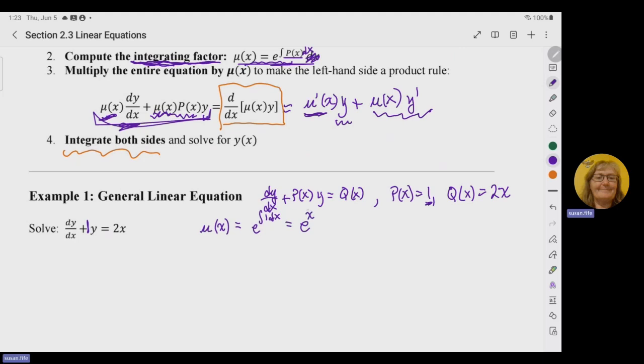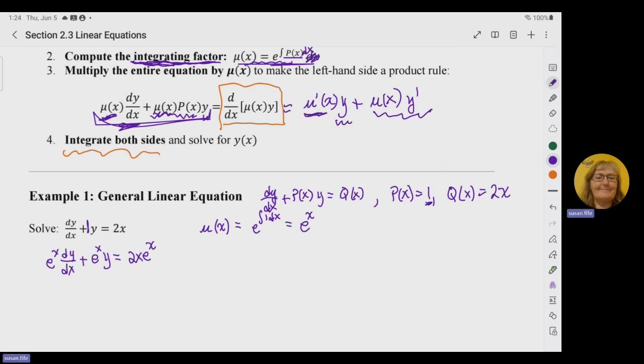And that'll give us e to the x. We're going to multiply by e to the x to get e to the x times dy over dx plus e to the x y equals 2x e to the x.